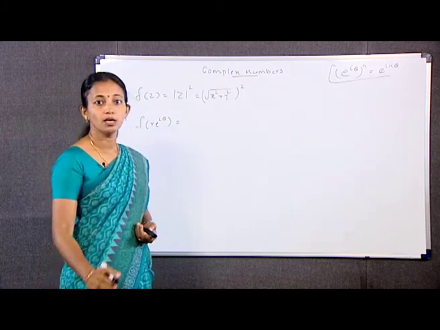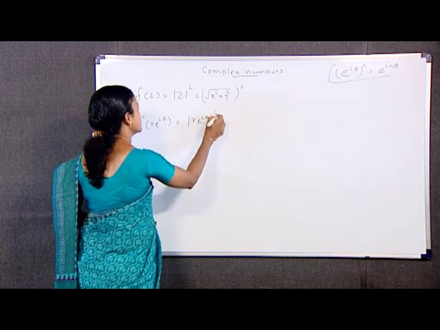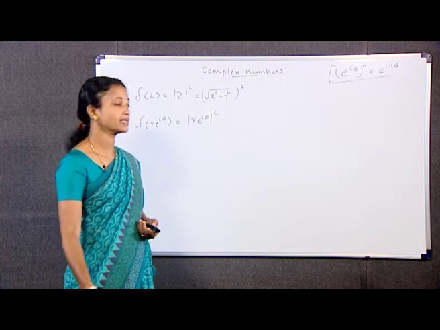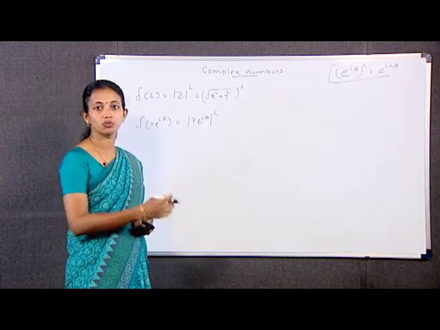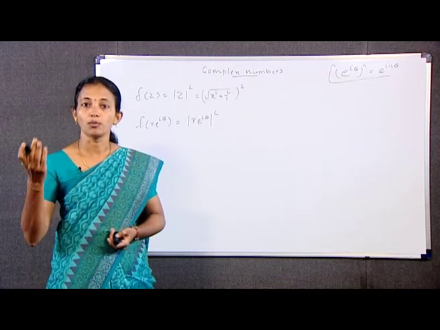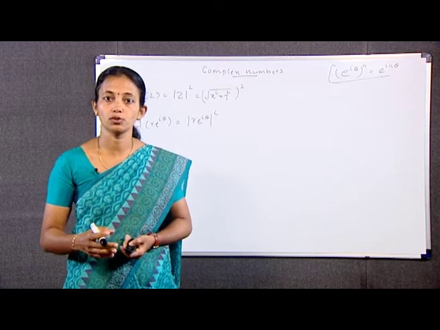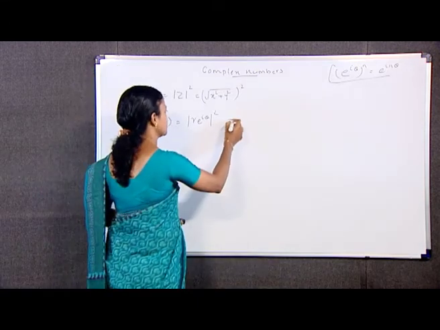This we can write as mod of r e raised to i theta whole square, which is equal to mod r square into mod e raised to i theta whole square, which is equal to mod r square.